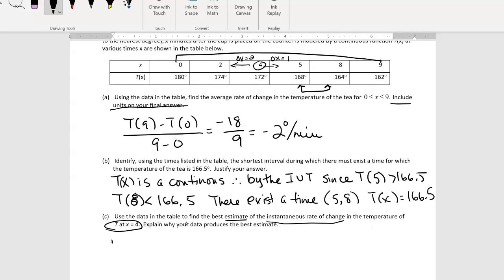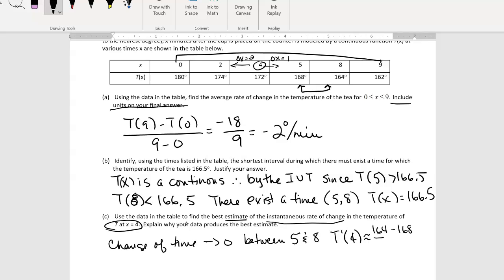So let's find that estimate. It would be T prime of 4 is approximately 164 minus 168 over 8 minus 5.